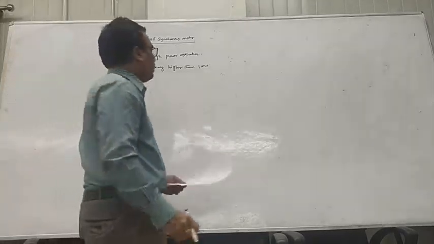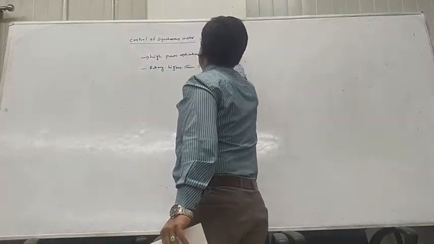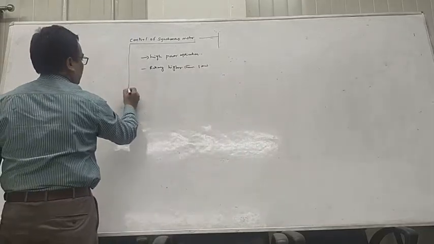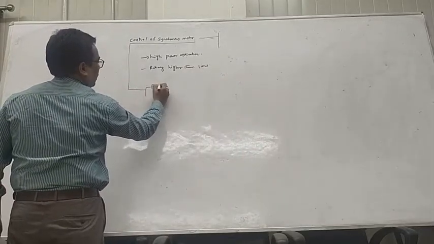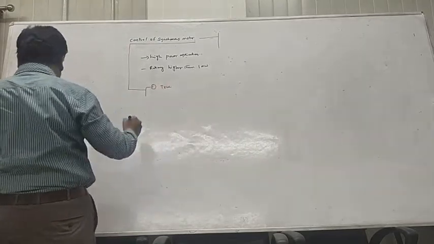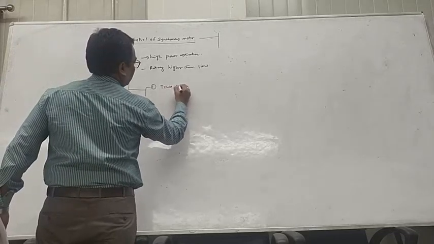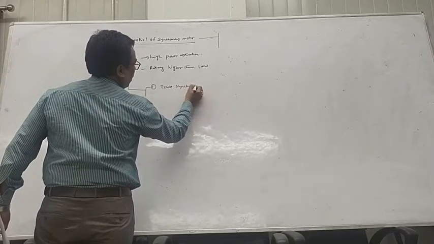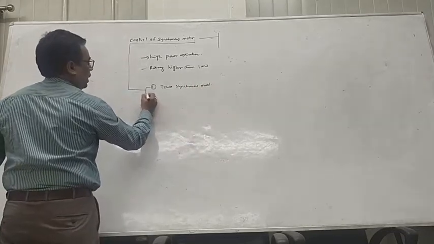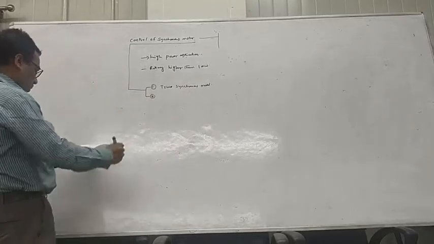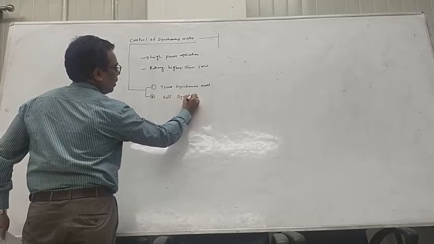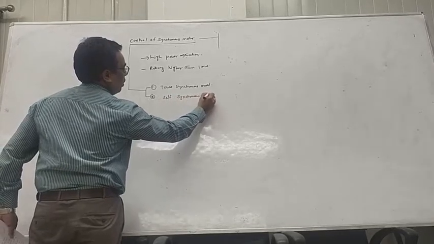There are basically two types of synchronous control modes. The first one is the true synchronous model, and the second one is the self synchronous model.